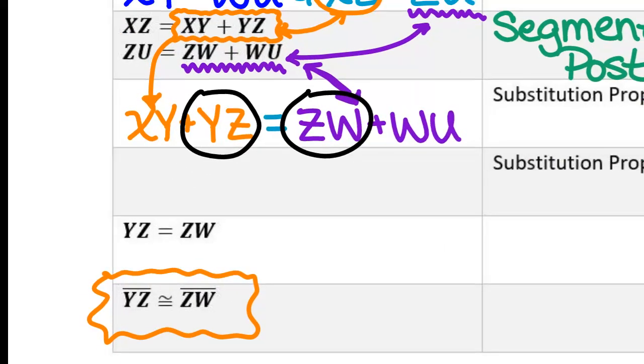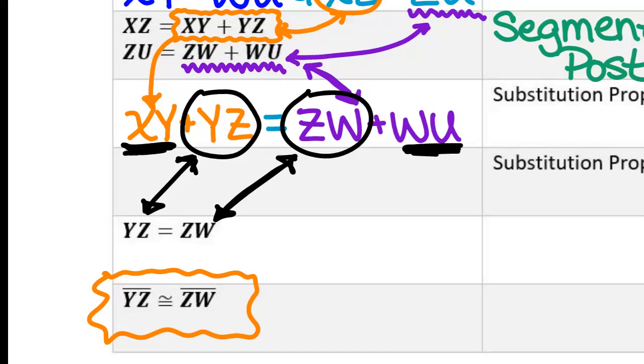What are the pieces that I want to get rid of? Like YZ is good, I want that to stay, and ZW is good. I want XY and WU to go away. How do we make things go away in math? Subtract them out. My subtraction property of equality would not work because they're not the same. It's not the same two letters. It's not the same segment.